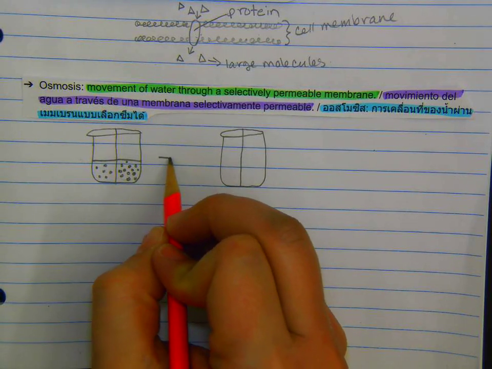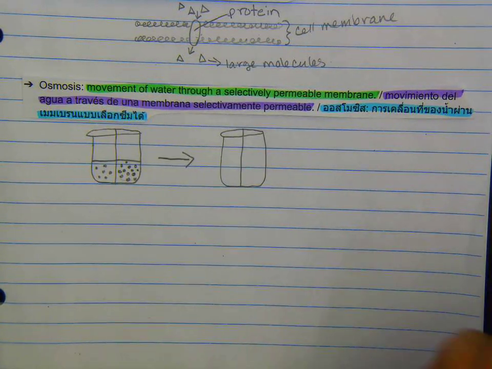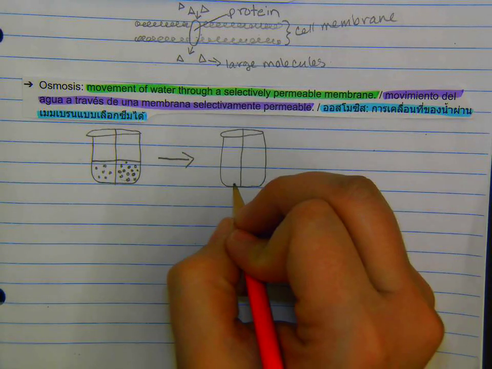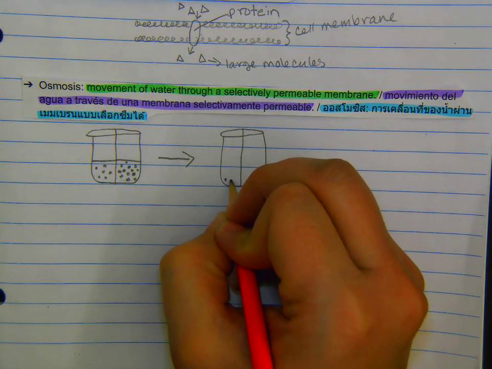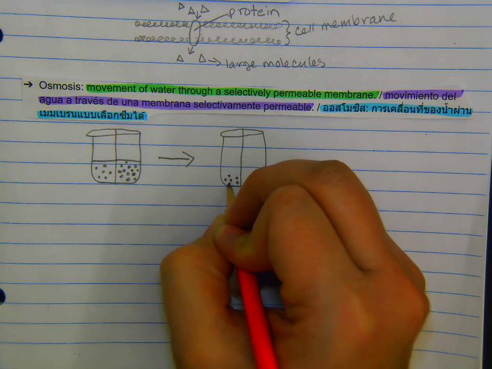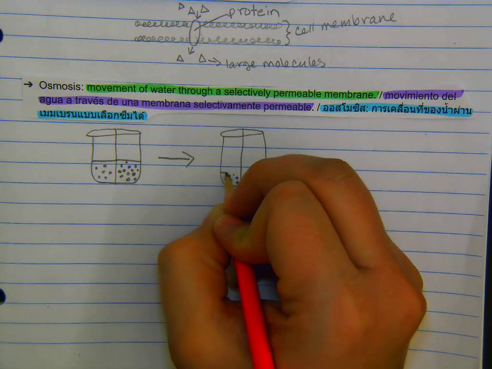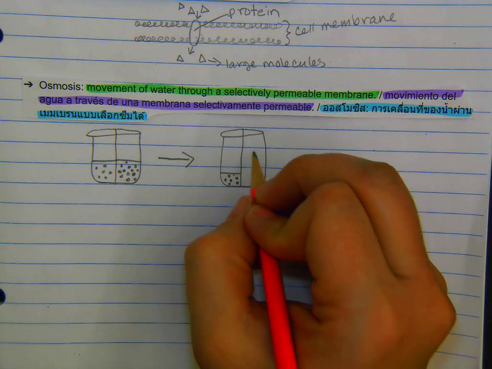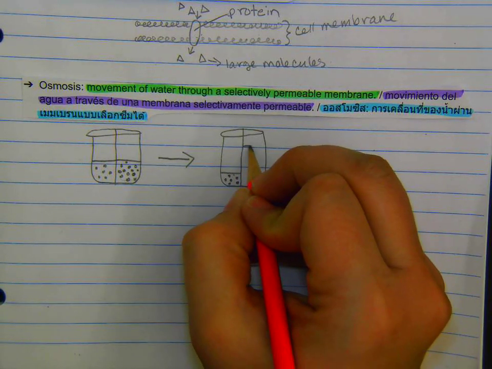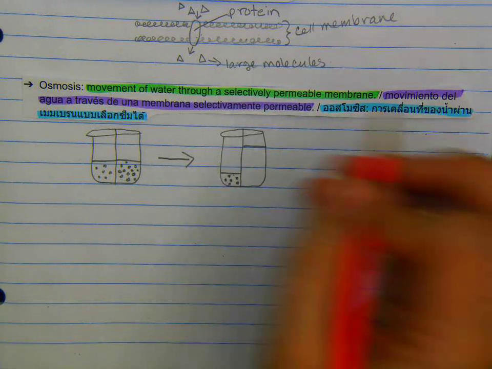And after osmosis happens, we end up with something really cool. We end up with an equal or relatively equal concentration of particles, but our membrane now has different levels of liquid.